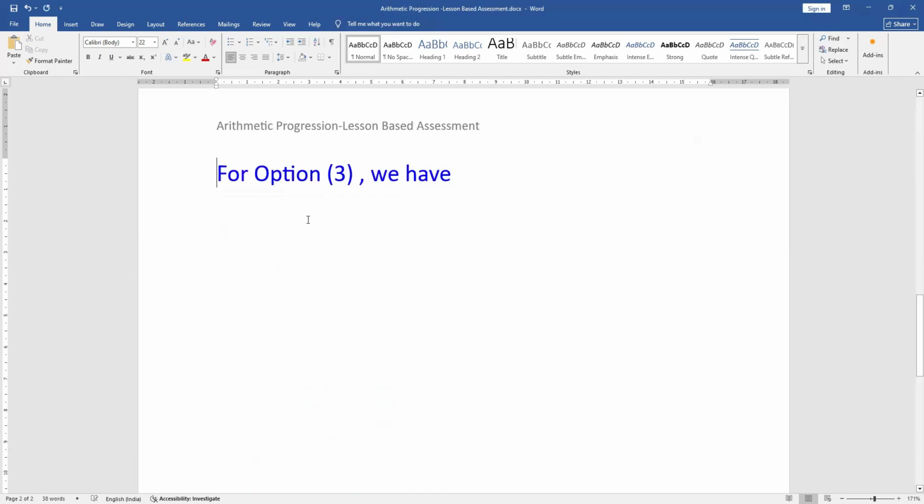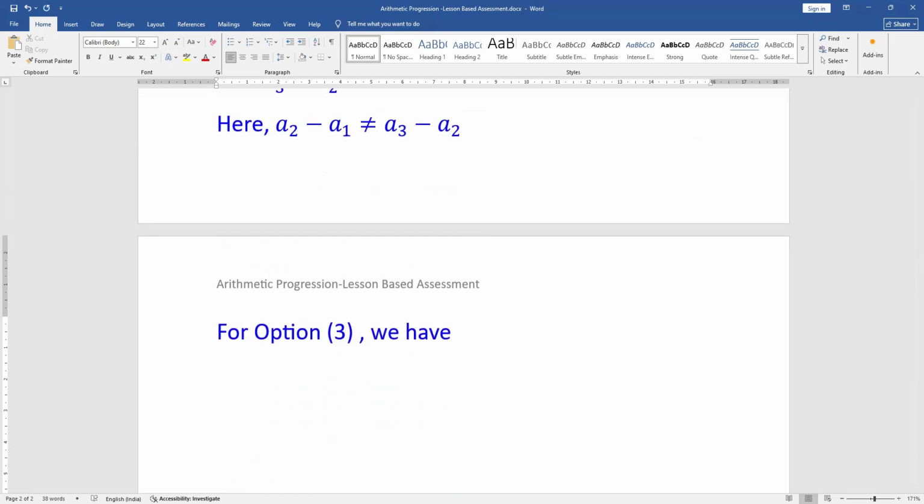So I am going with option 3. Here also, A1 is 1, then A2 is 4, and A3 is 9.